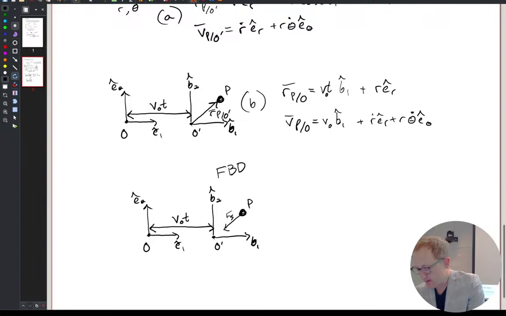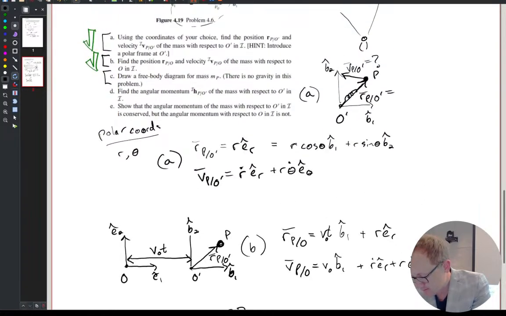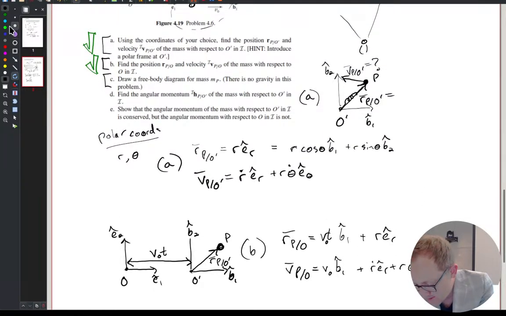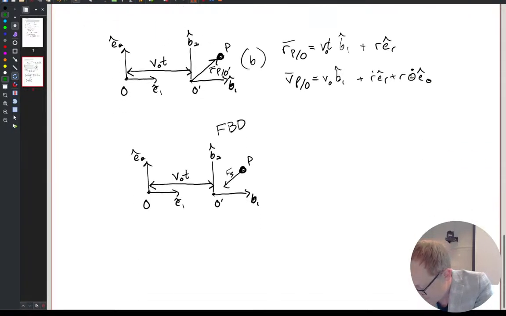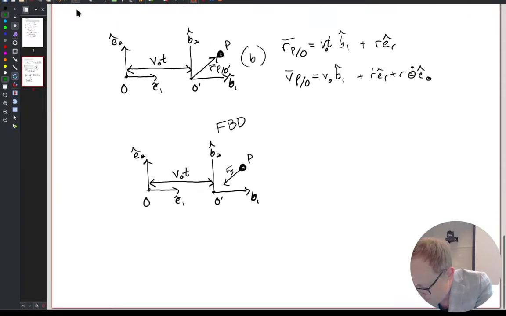And then in the book, the next thing it asks you to do is find angular momentum, but we just drew the free body diagram, so I want to do moment first. Do you remember what the definition for moment is?